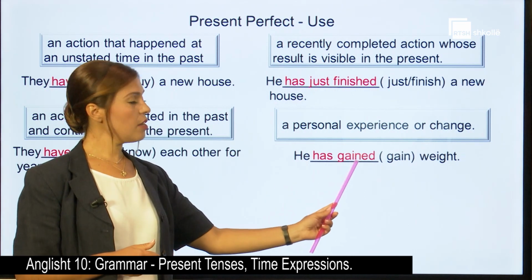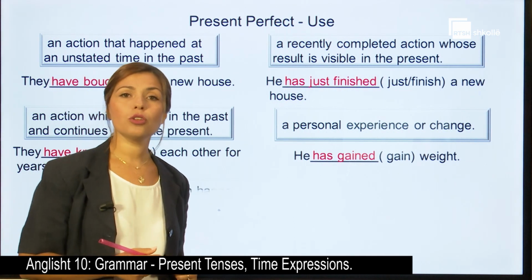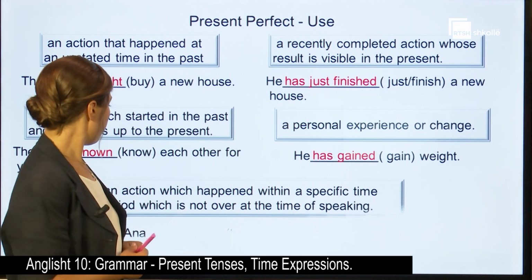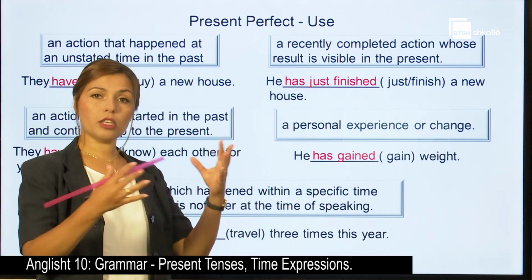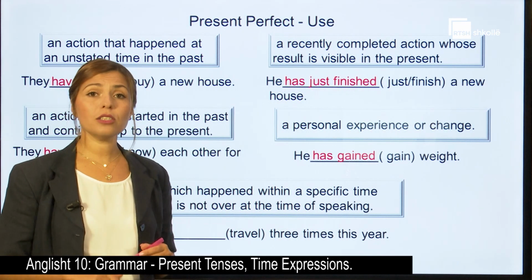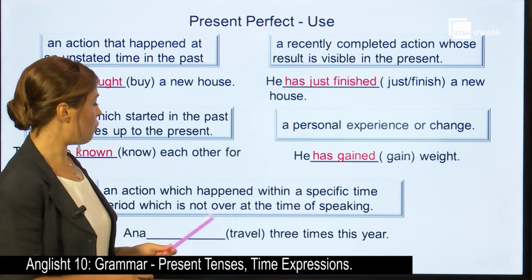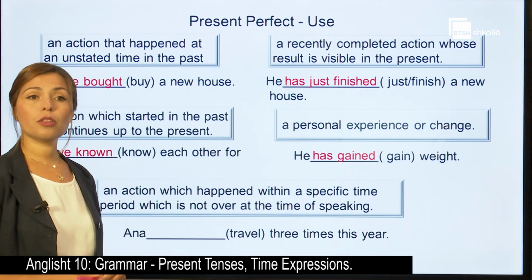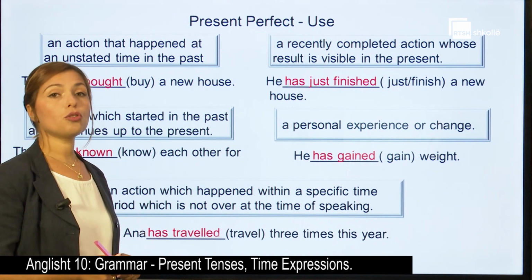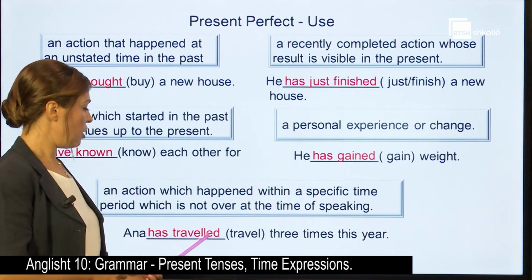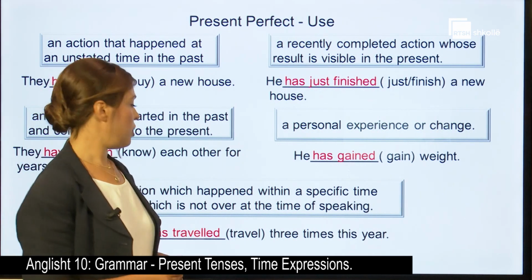So has and our verb in ed weight. And one more use of the present perfect. When an action happened within a specific time, but this time hasn't finished yet. For example, Anna, the verb is travel, 3 times this year. So Anna has traveled with an ed 3 times this year.